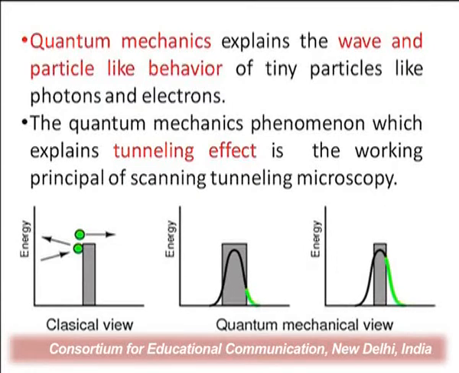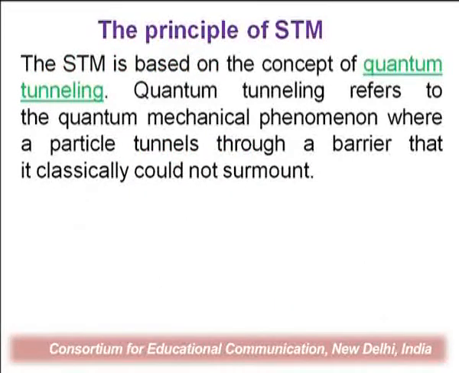We use the tunneling effect in this microscopy, and that phenomenon is defined by quantum mechanics. So what is the principle of scanning tunneling microscopy? As the name says, the STM is based on the concept of quantum tunneling.